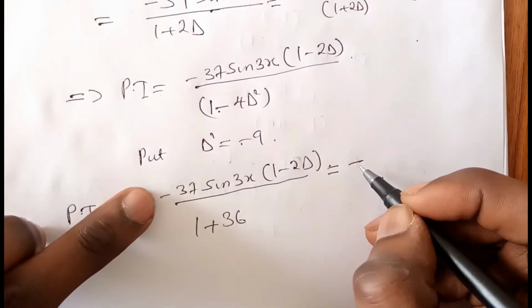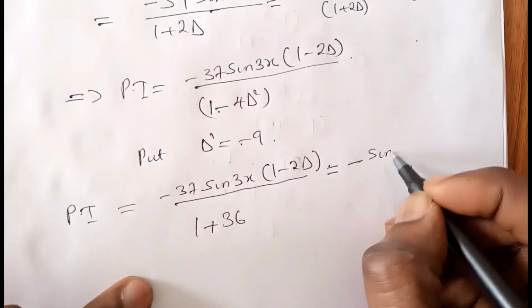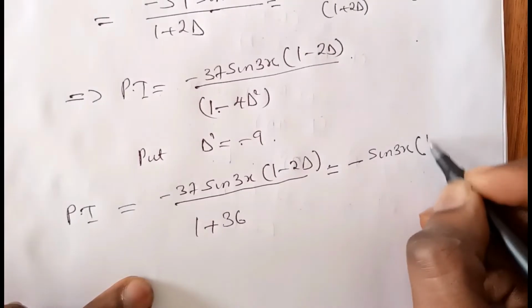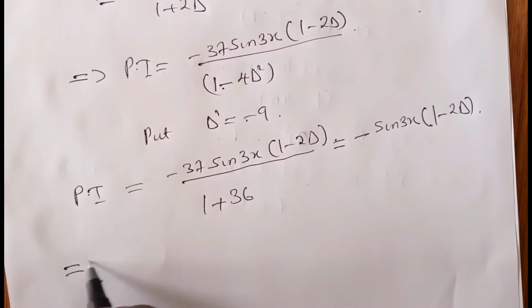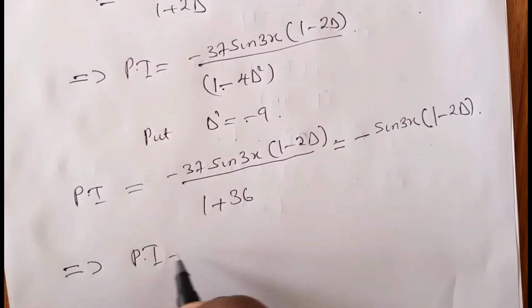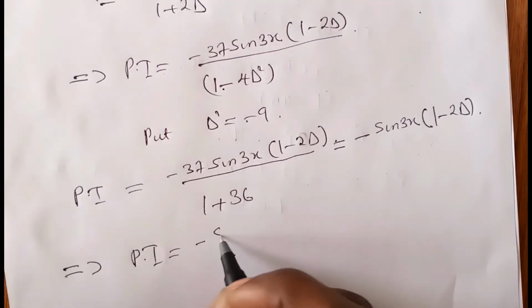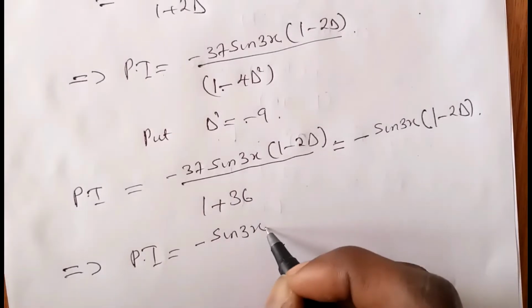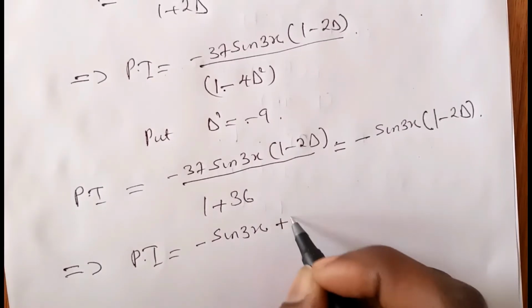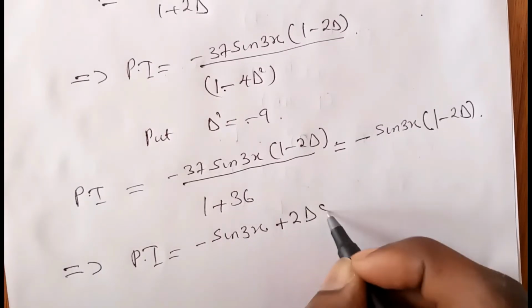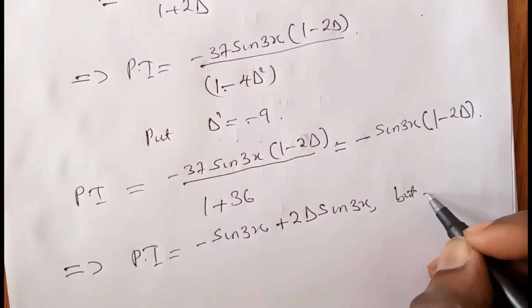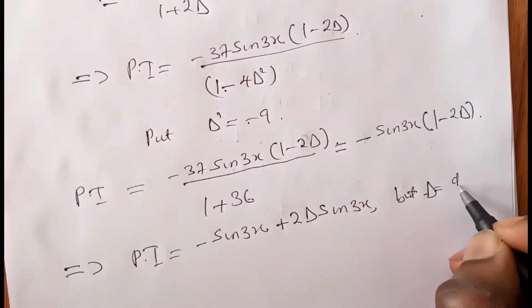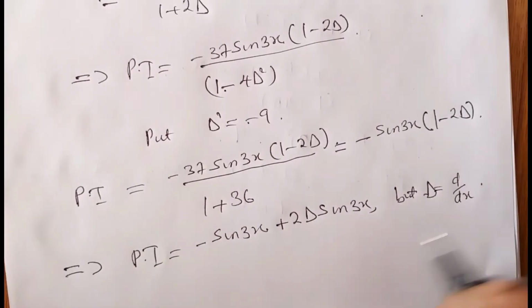We have this minus here, then sine of 3x all into 1 minus 2D. So that implies that the particular integral is equal to minus sine of 3x, then minus minus plus 2D sine of 3x. But it is known that D is the same thing as d/dx.